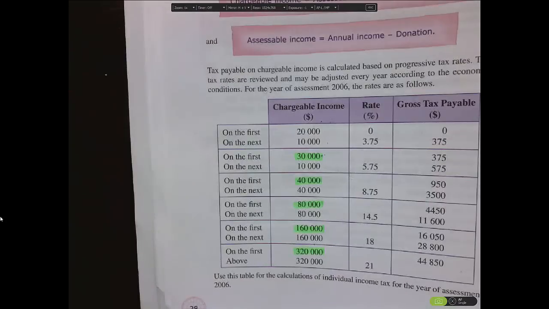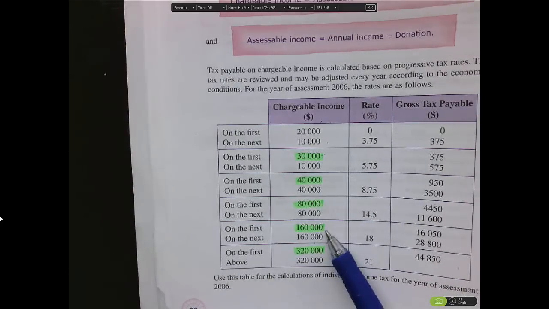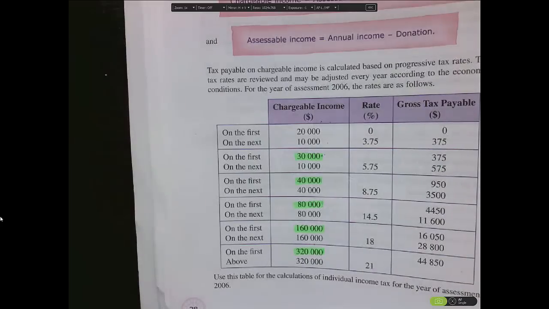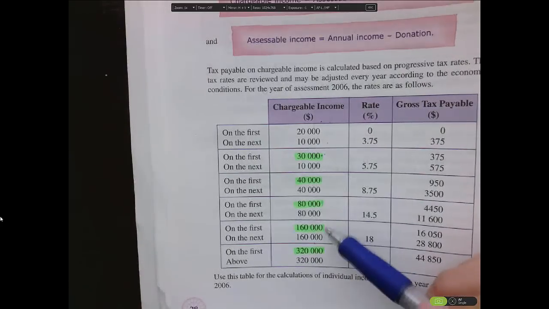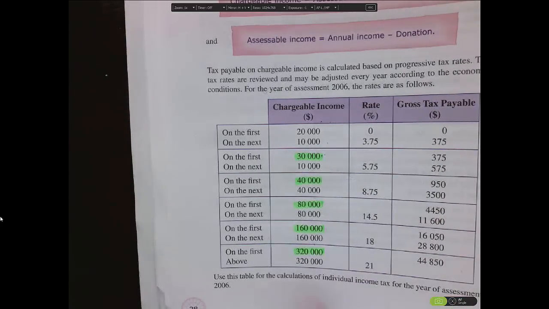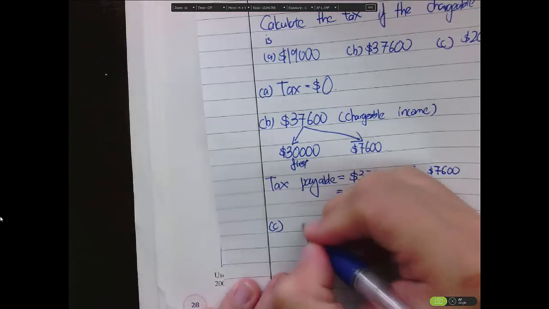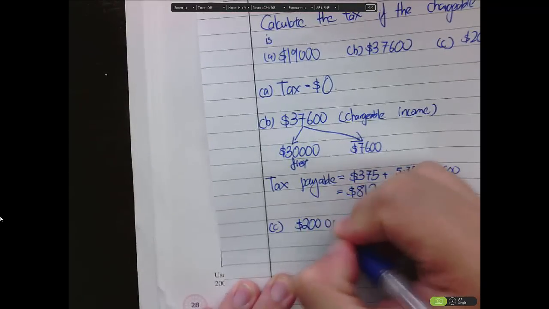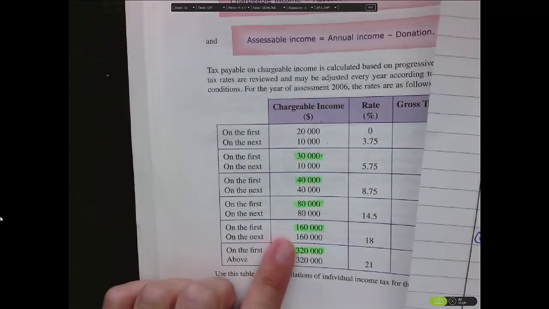Part C, $200,000. Take a few moments now to locate which row $200,000 should be. If you guessed this row, you are absolutely correct, because for 200,000, from 160 until 320,000, you pay from this row. So he will pay tax. First, I will split it up from 160K.